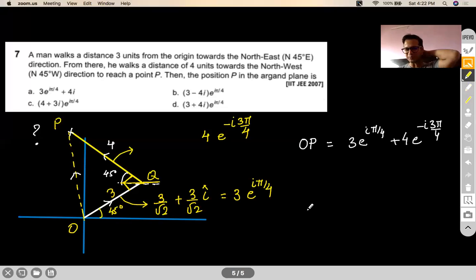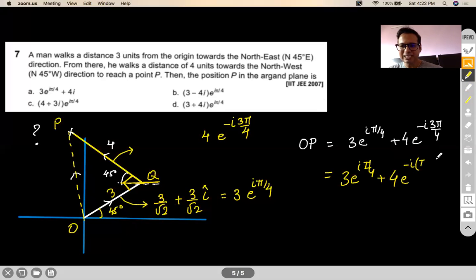Any questions here? Okay. Now what I'm going to do is write 4 e to the power i pi minus pi by 4, or you can write it like this also, no issues. We will write e to the power minus i pi plus i pi by 4.